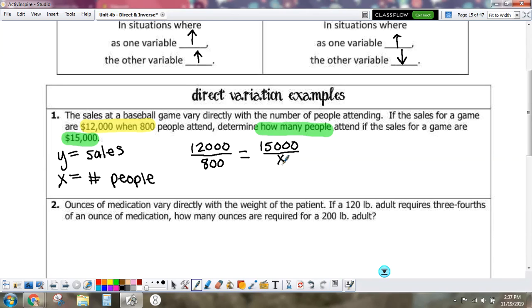Now we're solving this just like we did with the very last part of our notes, where you have to find the missing value. We cross multiply and we divide. If I cross multiply, I'm going to do 12,000 times x and 15,000 times 800. So 12,000 times x equals 15,000 times 800, which is 1,200,000.